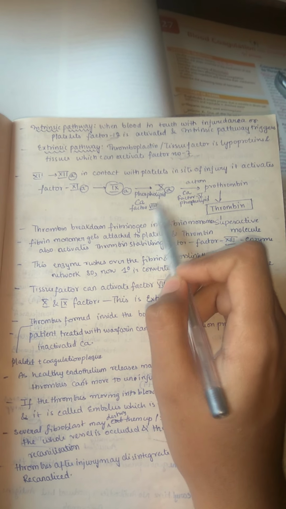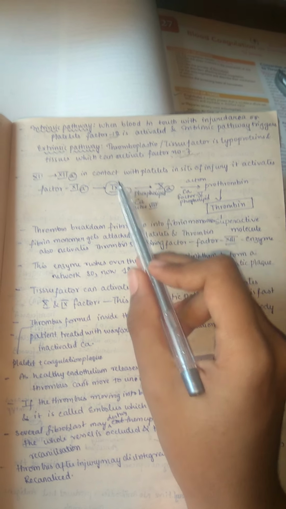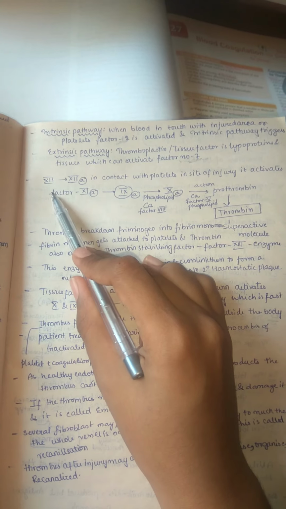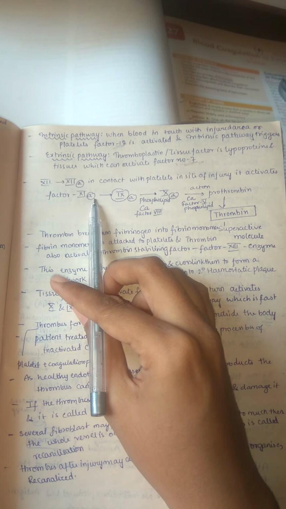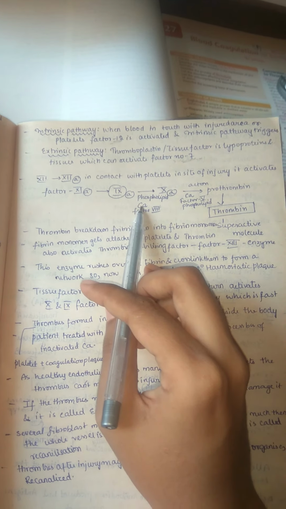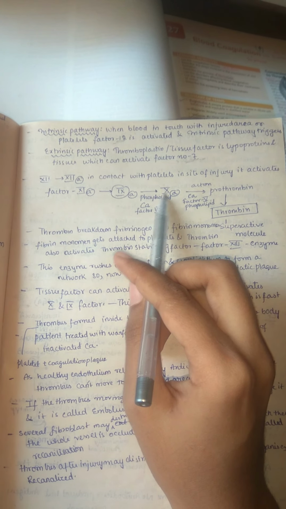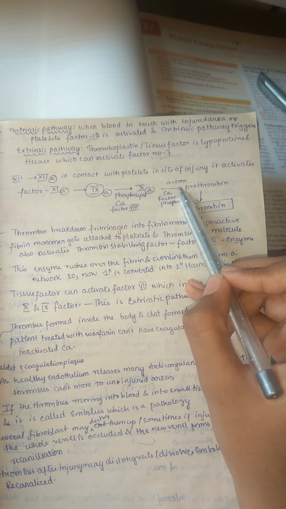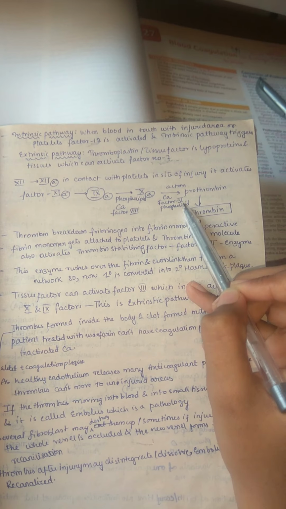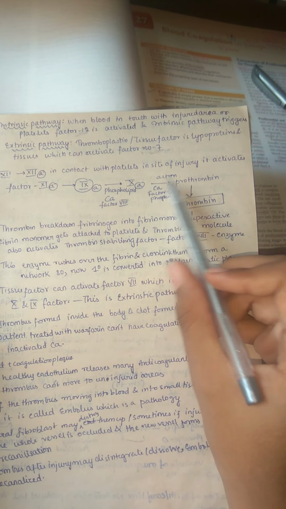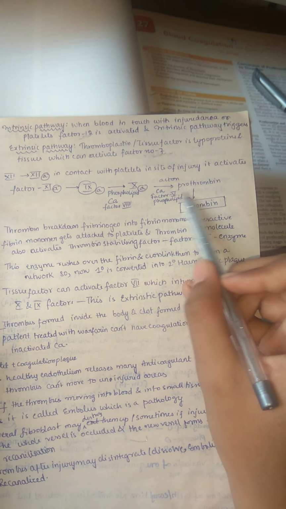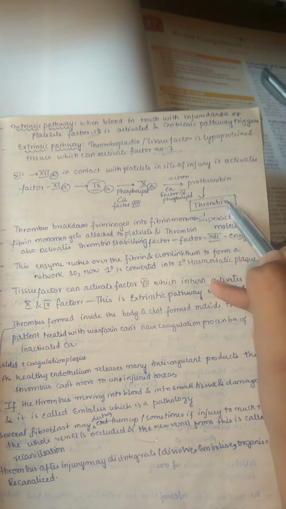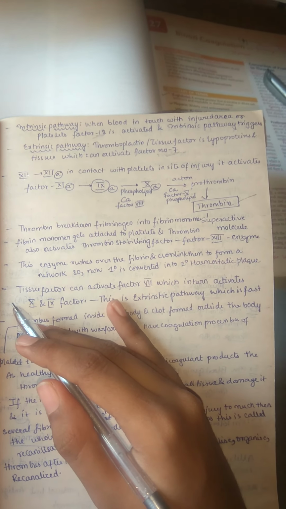So in order, first 12, 12 to 11, 11 to 9, 9 to 8, 8 is in between, 8 to again 10. So for 10A, calcium, factor 5 and phospholipid are acting, and this 10A converts prothrombin, and prothrombin finally converts to thrombin, and thrombin is useful for formation of our clots.